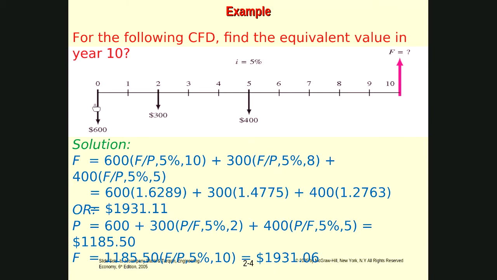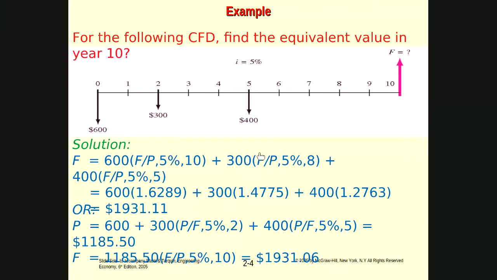You are going to say, no, the 300 is a future value compared to year 0, but present compared to year 10. Why? Because it is previous to year 10, and it is a future compared to year 0. Good. I see all the students are following me. That's great.